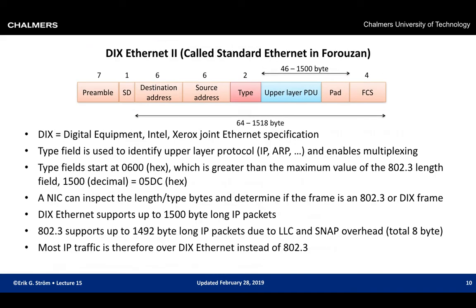Okay, so let me try this again. DIX Ethernet supports up to 1500 byte long IP packets, right? Because this type could say it's IP above me, and the whole thing here could be an IP packet. For 802.3, it's not true, because then it can only support up to 1492 byte long IP packets. And why is this? Well, it's because LLC and SNAP have an overhead of a total of 8 bytes.